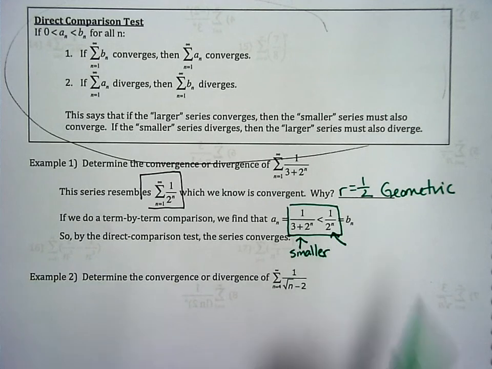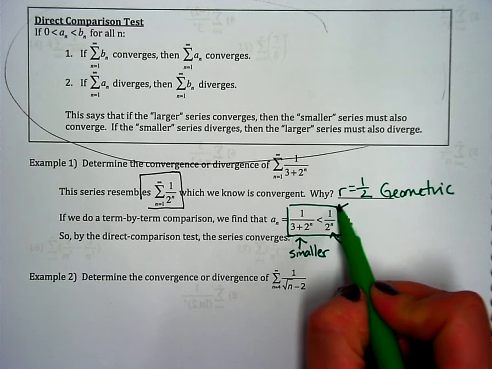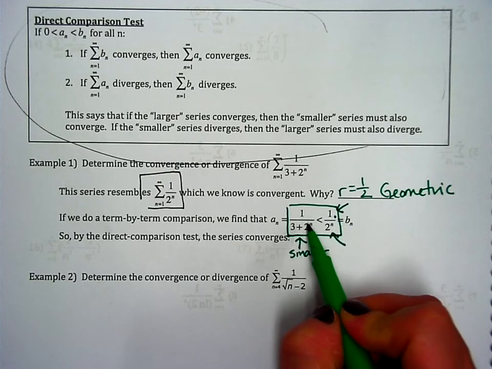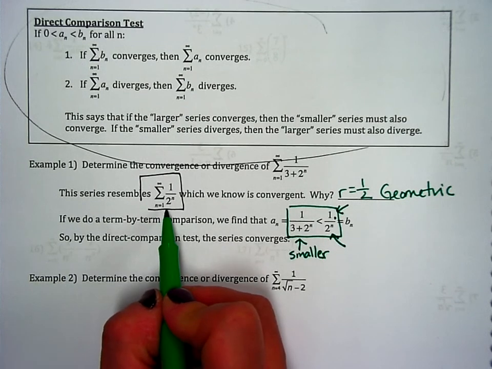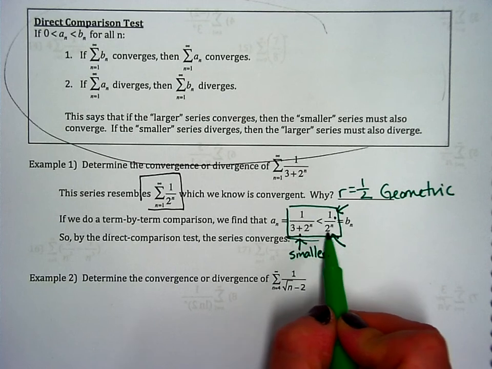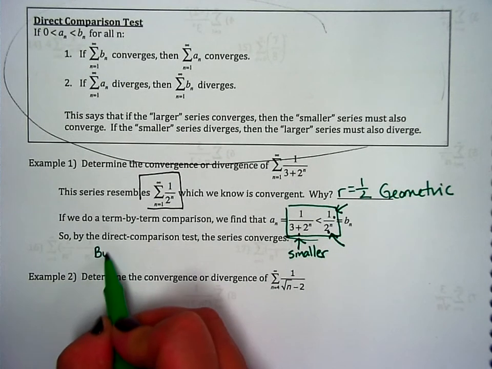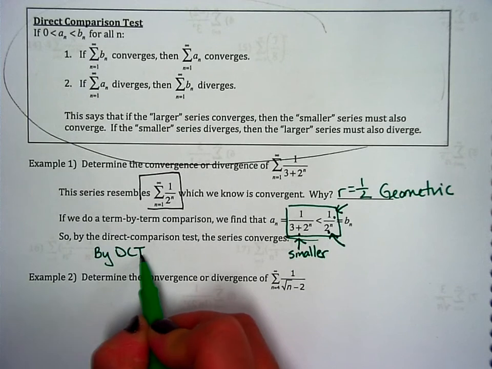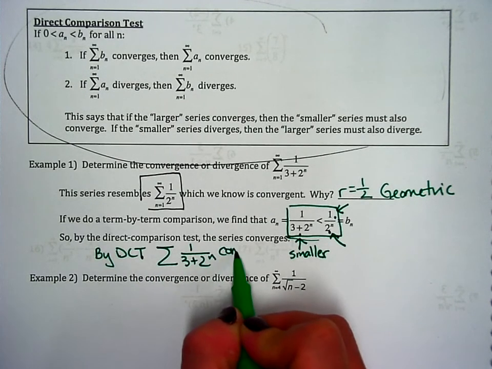So in order to determine whether it converges or diverges, if something converges, then anything smaller than that will also converge. So if you can tell me this is a geometric series that converges, and you can show me that this series is always smaller than this one, then we say by direct comparison test, this converges also.